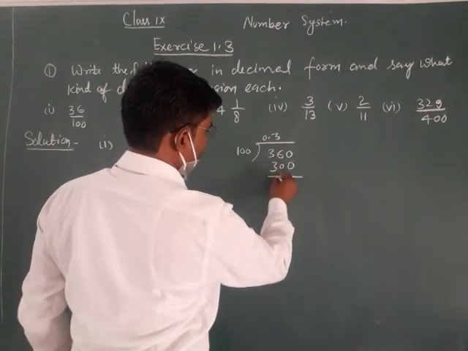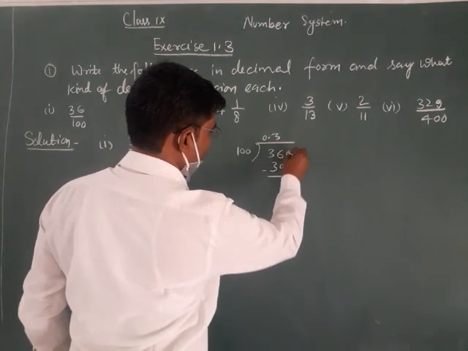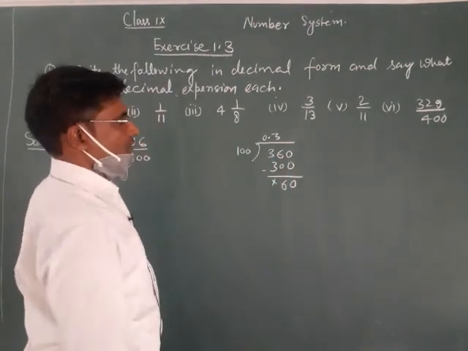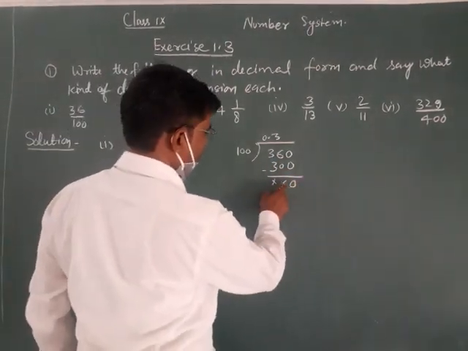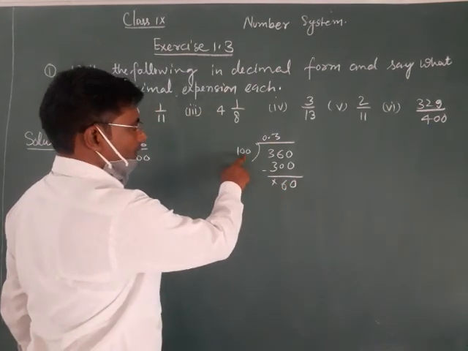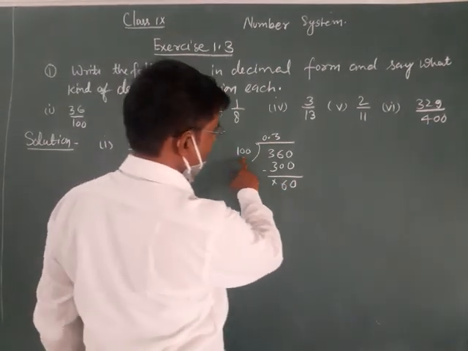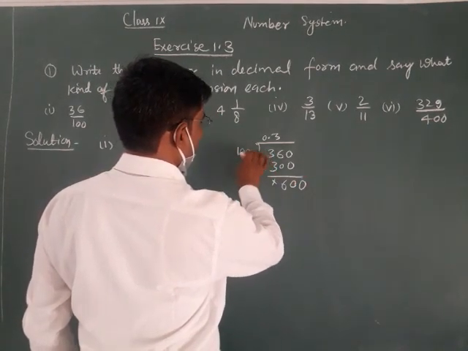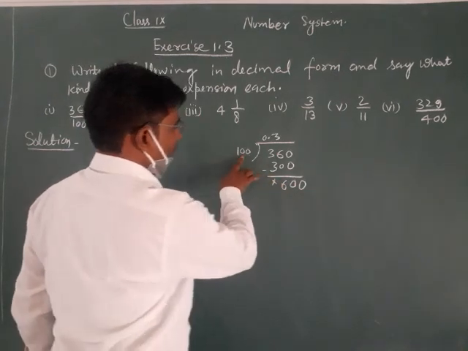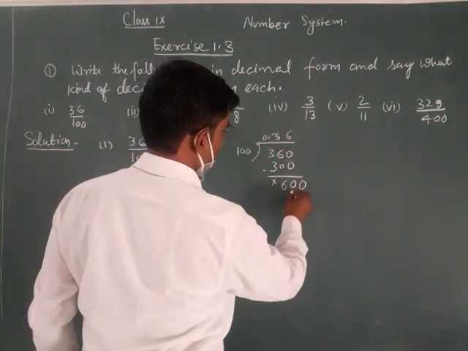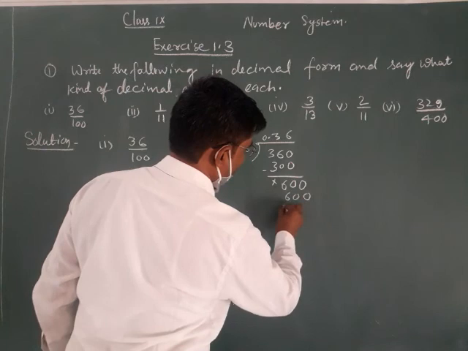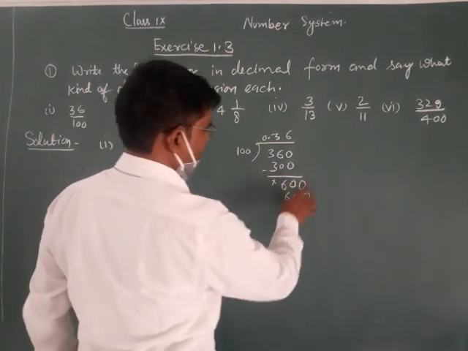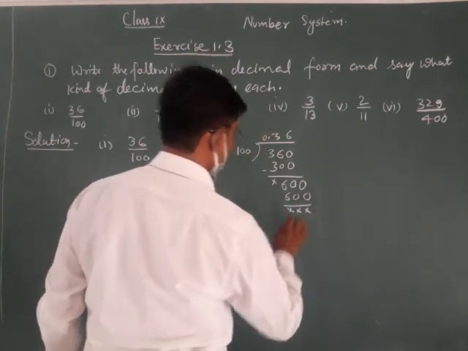So now remaining 60. 60 is less than 100, so increasing 0. So now 100 times 6 is 600. So now the remainder will be 0.